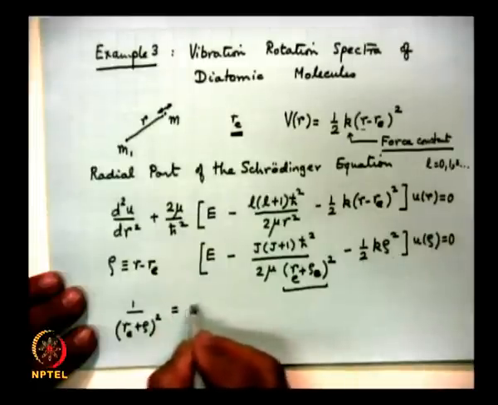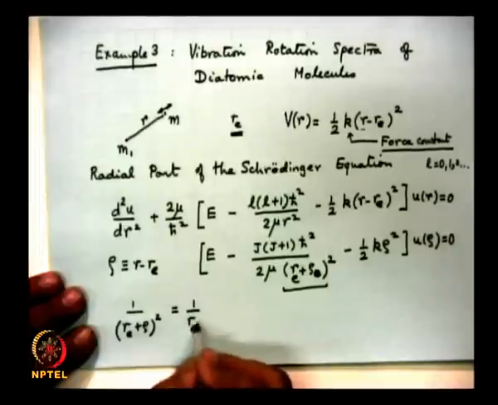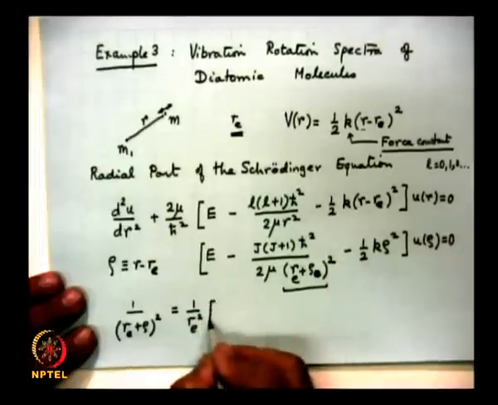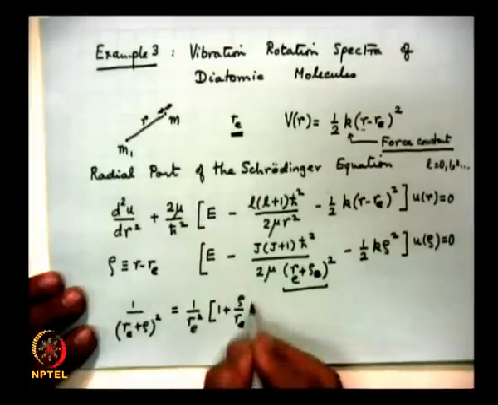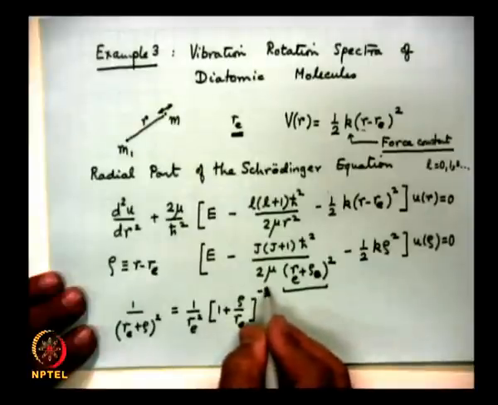If I take Re outside, Re square times 1 plus rho by Re raised to the power of minus 2.